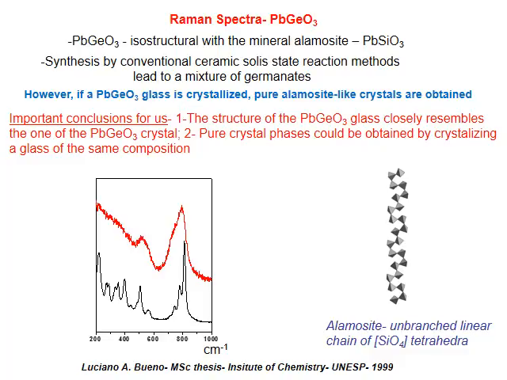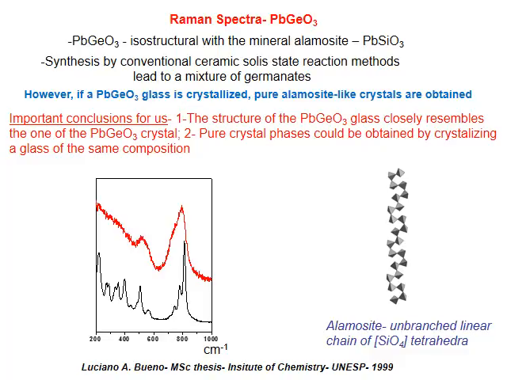Even with heat treatments of some days, he always obtained a mixture of different lead germanates with different formula. An interesting observation with important conclusions was made by Luciano. He prepared a glass with the composition lead germanate. He obtained the Raman spectra shown here.